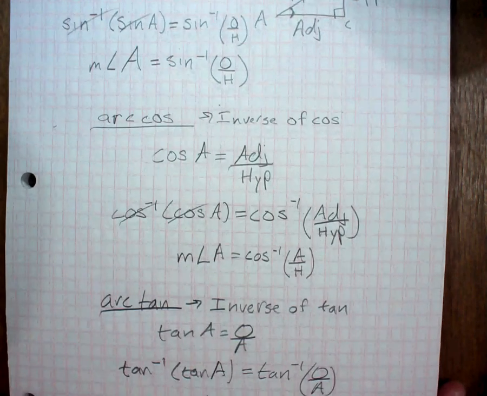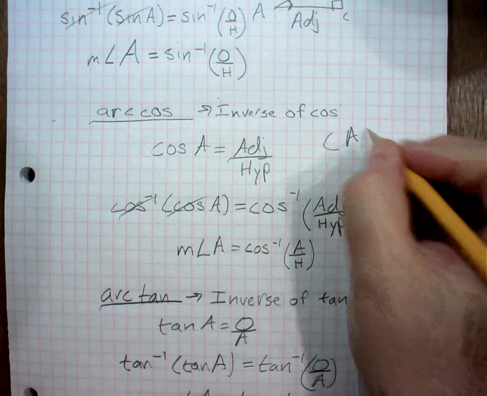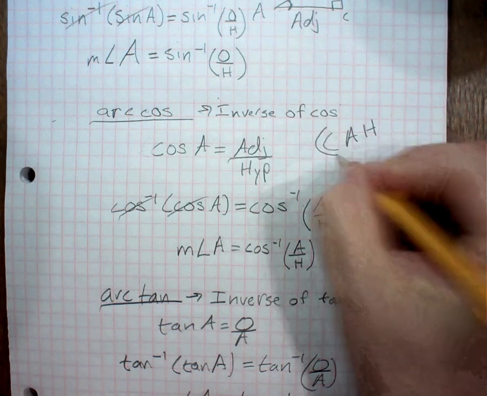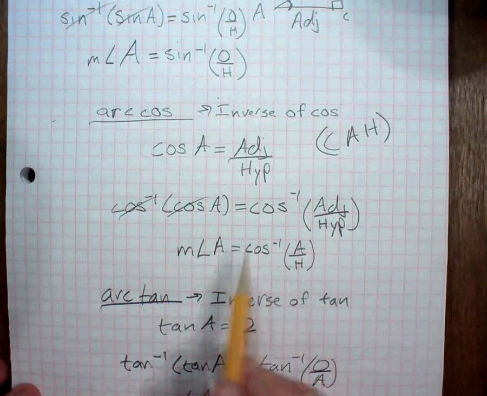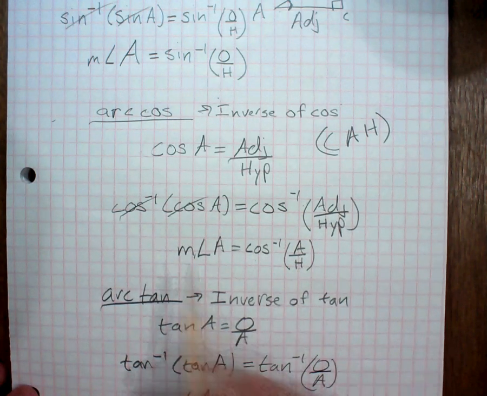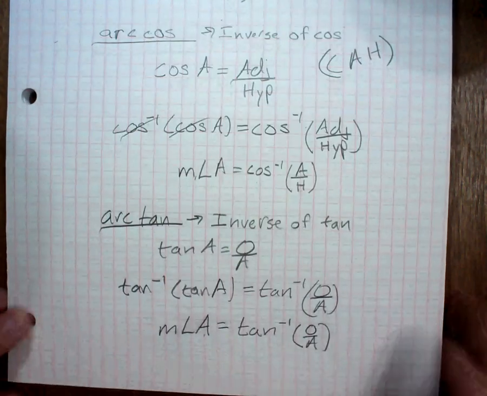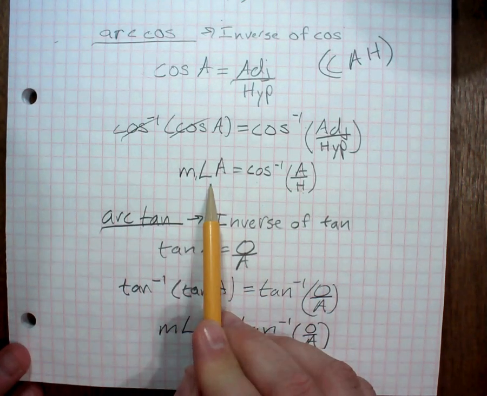The same with cosine. Cosine is the adjacent over the hypotenuse. That's where the CAH comes from, for SOH CAH TOA. The arc cosine of the adjacent over the hypotenuse will give me the measure of angle A. But remember that the adjacent and the hypotenuse have to be those of the angle A.